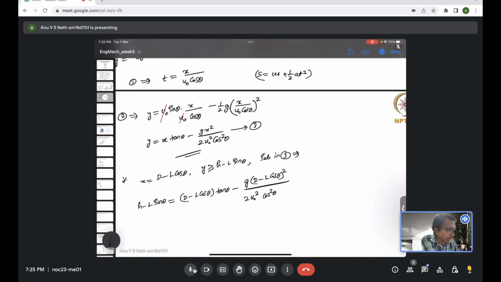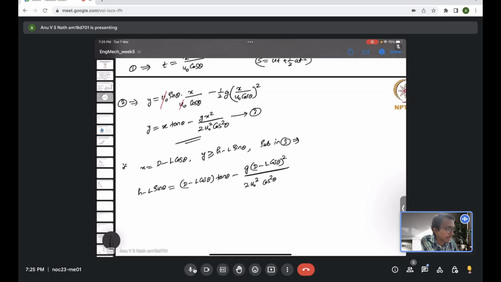So what we need to identify is the initial u0. So what is the critical value? That's what we want to find.